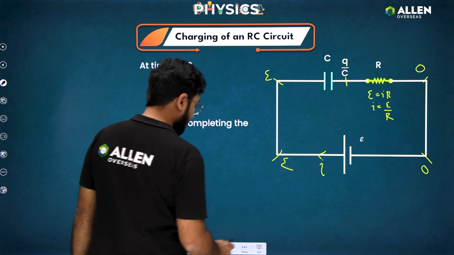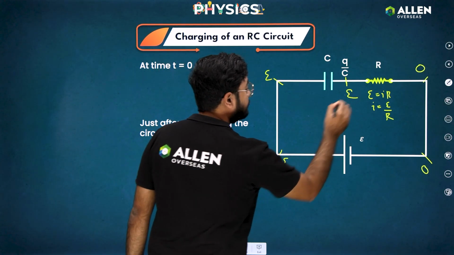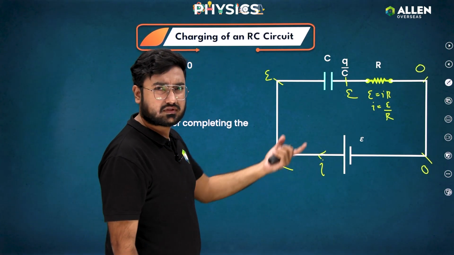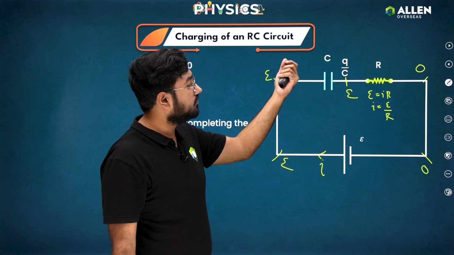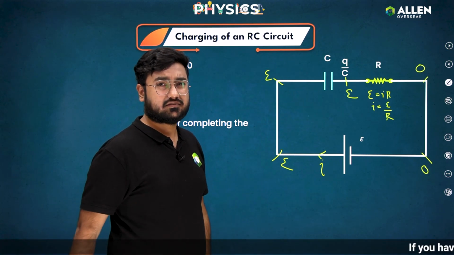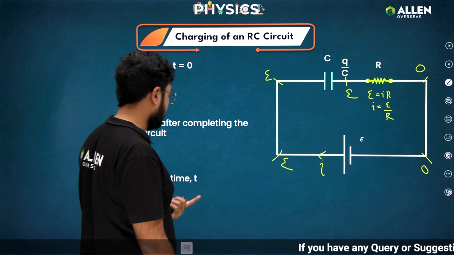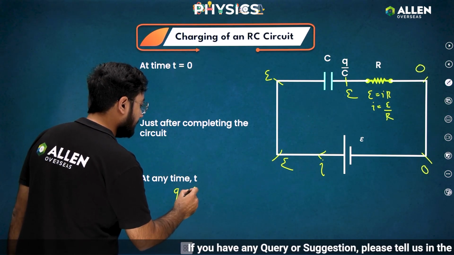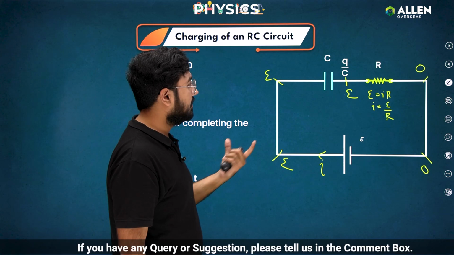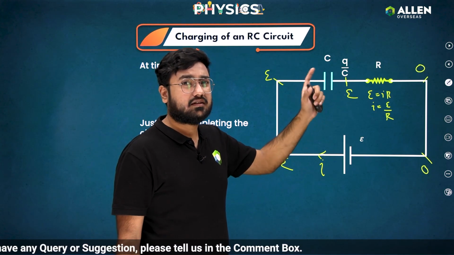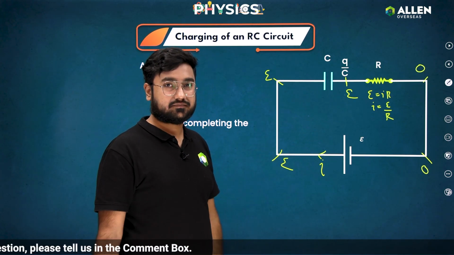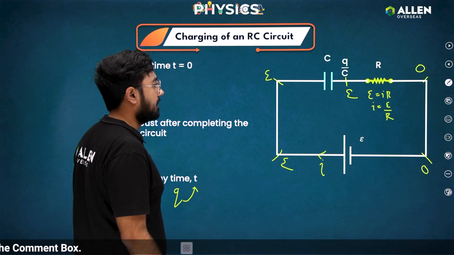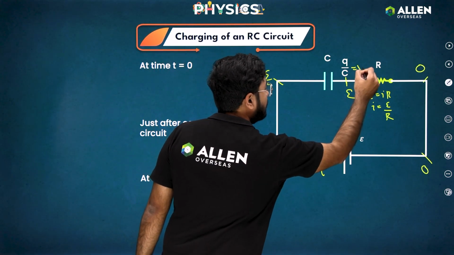This thing will be equal to Q by C at any time. Q is any instantaneous charge. Q is the charge at this time t. The potential drop across this capacitor will be Q by C. Q is equal to CV.